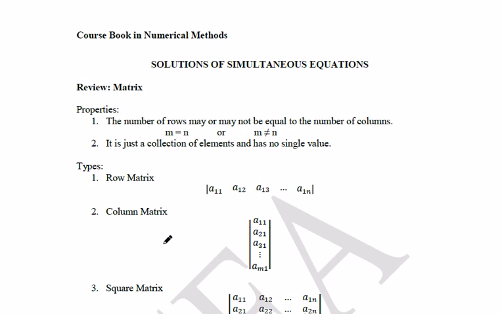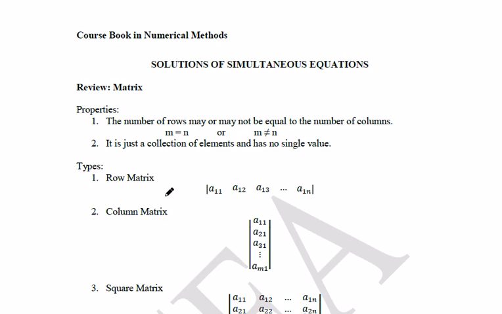Number 2, the elements in the matrices. A matrix is just a collection of elements and has no single value. So we have different types of matrices. First, we have the row matrix.